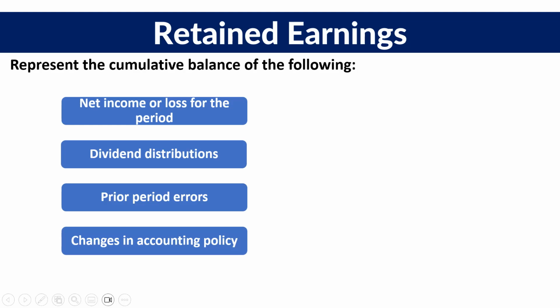Next is the changes in accounting policy. Changes in accounting policy would actually require retrospective application. So, we have accounting changes, no? There are two of them. One is this change in accounting policy. The other is change in accounting estimate.